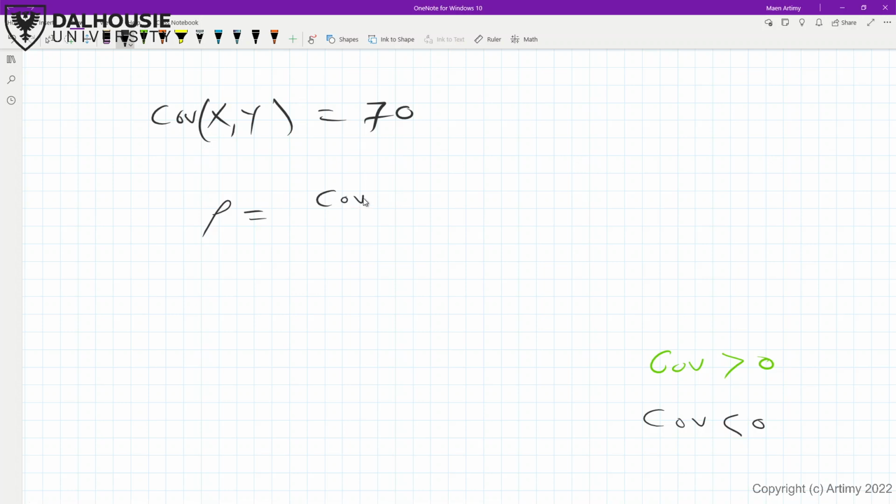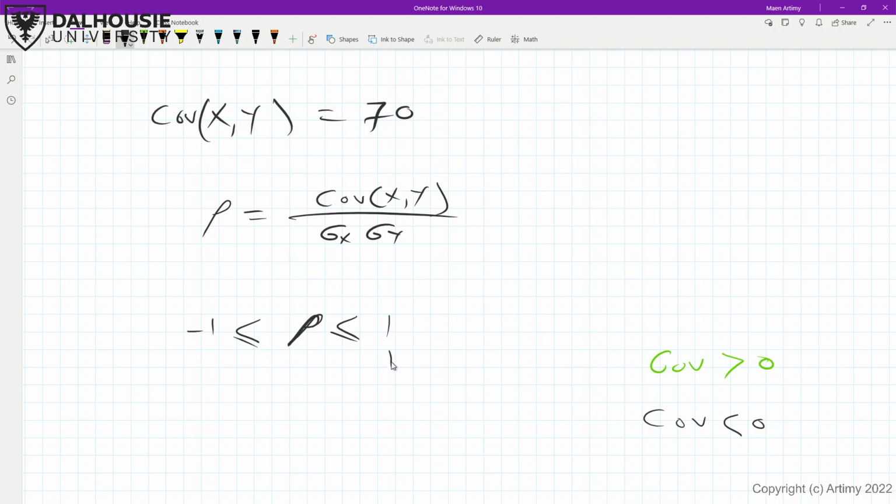So covariance x and y divided by sigma x sigma y. This number goes between -1 and 1. It's always between -1 and 1.